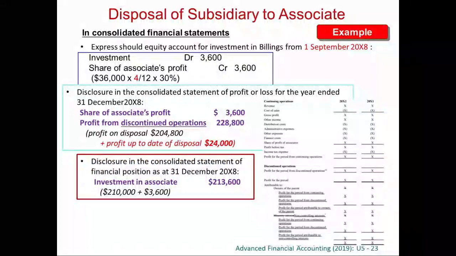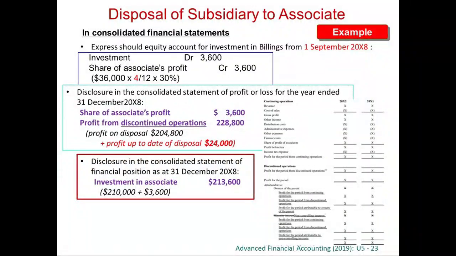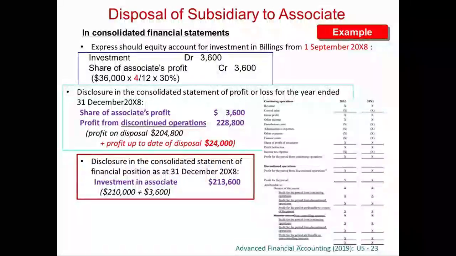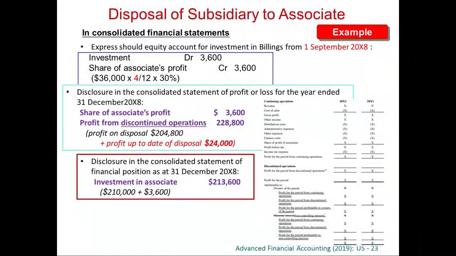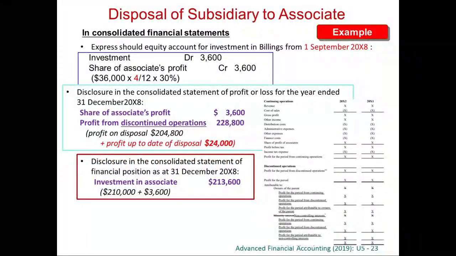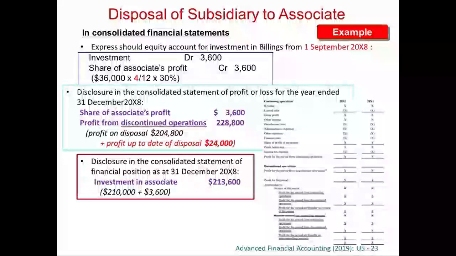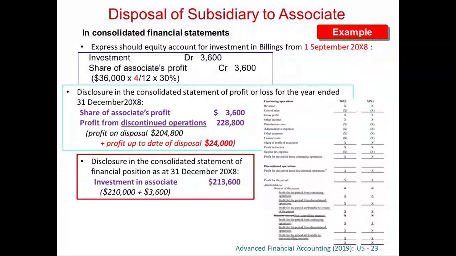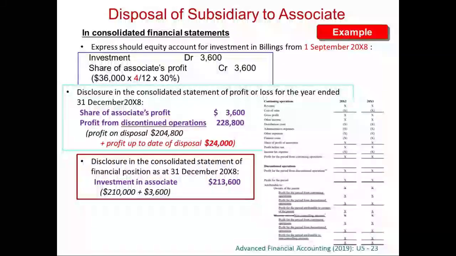So from the sales, cost of sales, you deduct the sales, cost of sales of this discontinued operation, and the profit for this discontinued operation should be separately disclosed here. So here you have got the profit from the continued operation, and then you have got the profit from discontinued operation, and then this is the profit for the year. Okay?